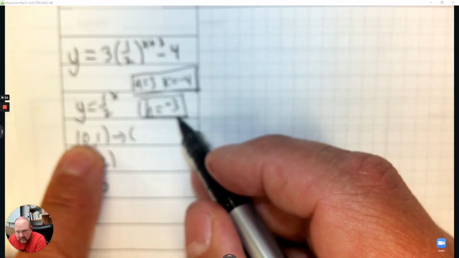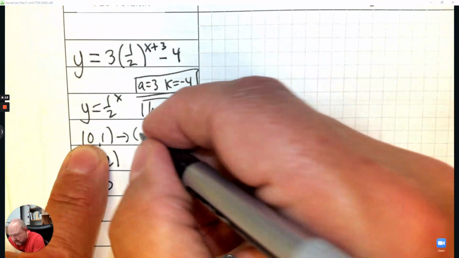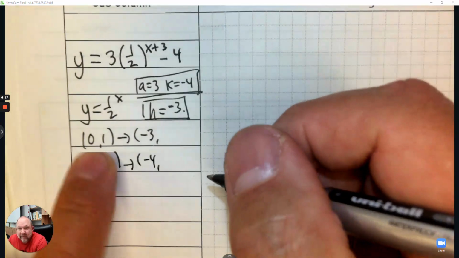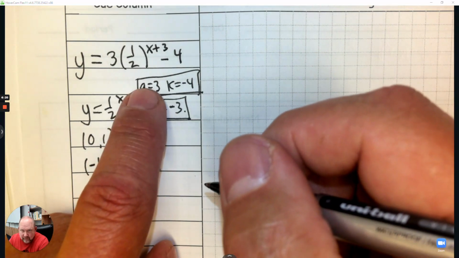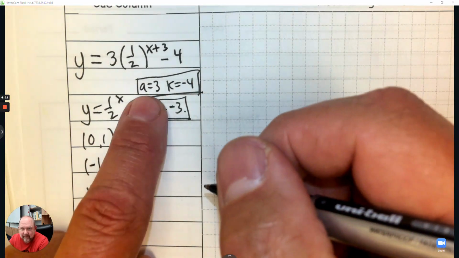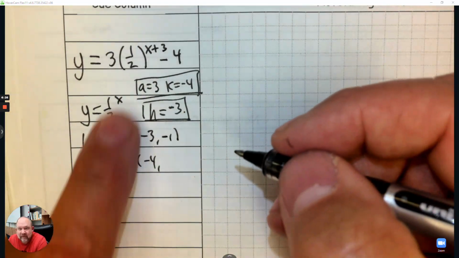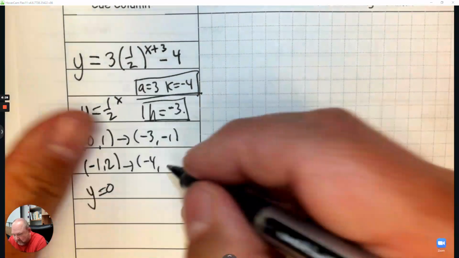So if I want to change this, I'm taking the x coordinate and I'm subtracting 3. And again, I'm going to take the x coordinate and subtract 3. To the y coordinate, I'm going to multiply and subtract. So 1 times 3 and then subtract 4. And again, 2 times 3, again subtract 4.